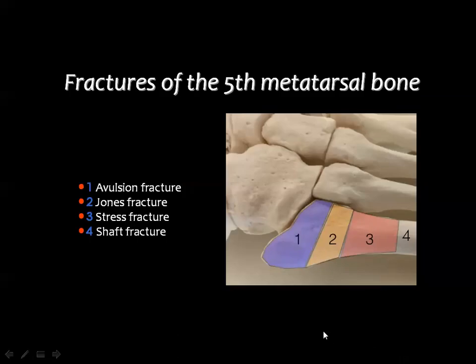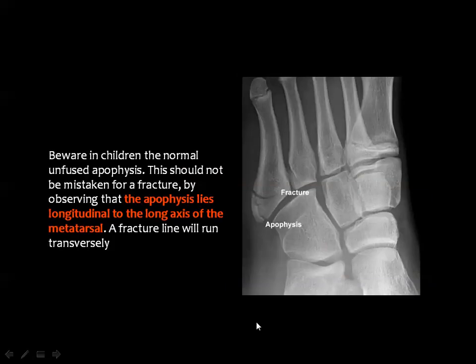Then the fractures of the fifth metatarsal bone include avulsion fracture, Jones, stress, and shaft fractures. These are the four types of the fractures. Then in young persons, you have to discriminate between the line separating the apophysis and the fracture line.